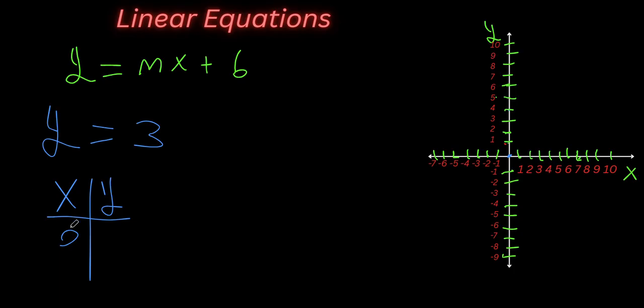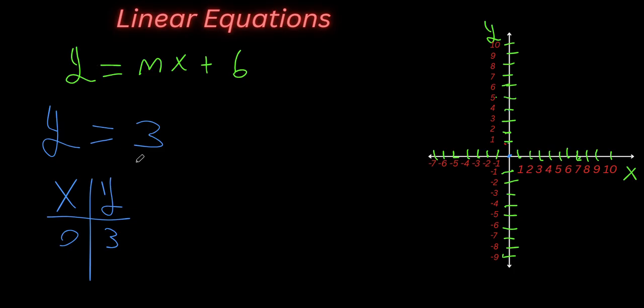So remember, this is our y value, this is our x value, this is our slope, and this is our y-intercept. So what if we plug 0 in up here? Well, m times 0 is 0. So then y would just equal b. So when x is 0, y is b. But we don't have to say b, we can say 3 because we know what y equals.